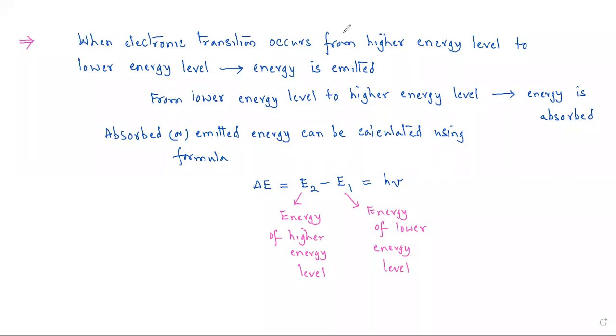This is called Bohr's frequency rule, because here nu is frequency. You can calculate the frequency of the line formed during the transition.